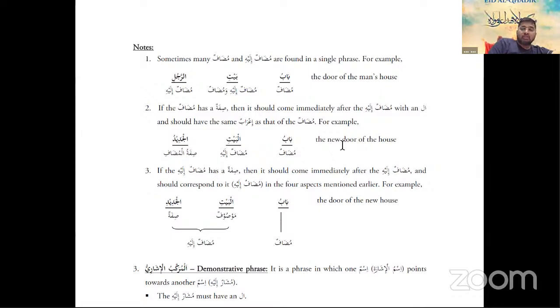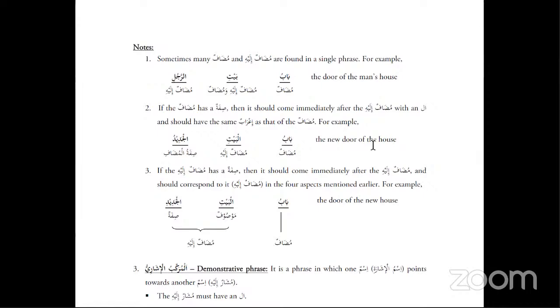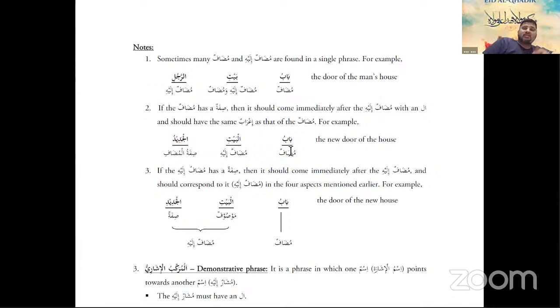So the word new is coming before the word door. The new door of the house. But in Arabic we use first the babun and then the mudaf ilayh is the last one. Excellent. In Arabic it's the other way around. We bring the noun which is going to be described first, and then we bring the adjective afterwards.